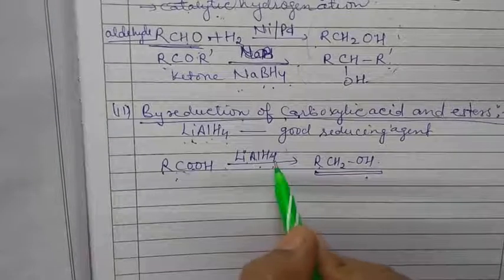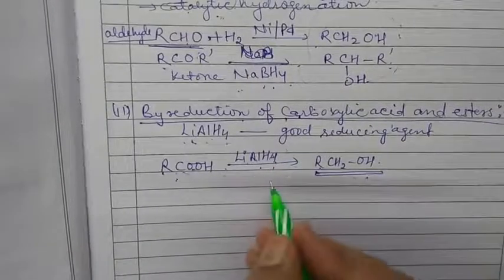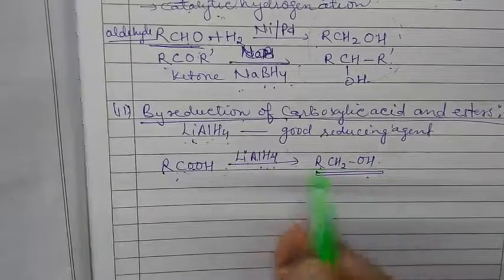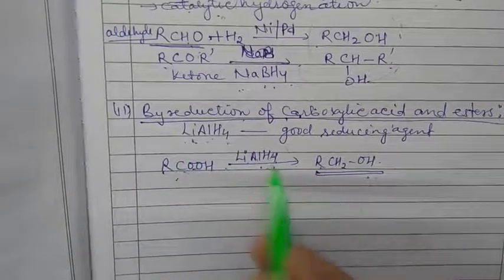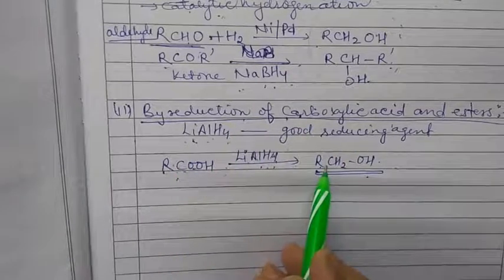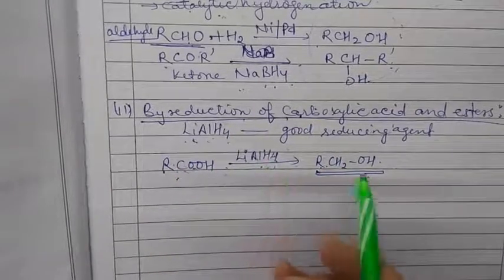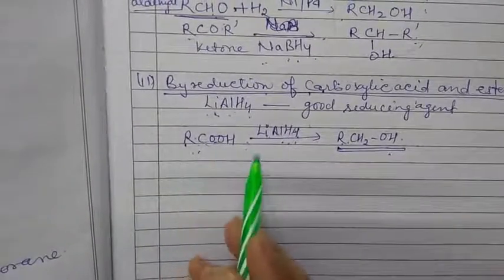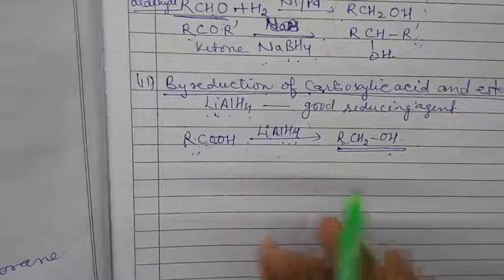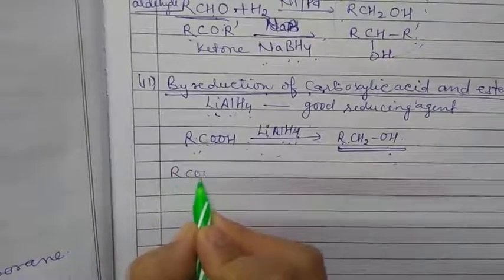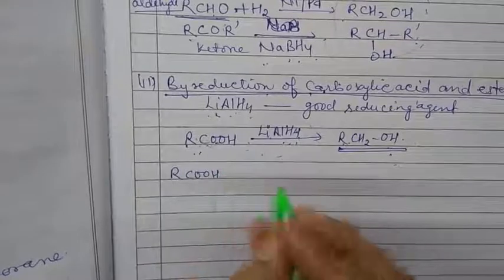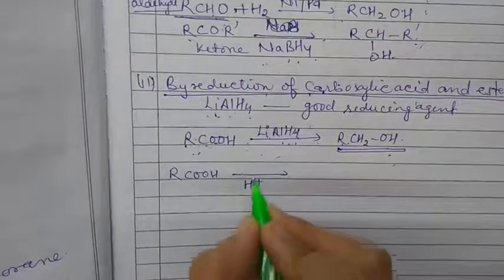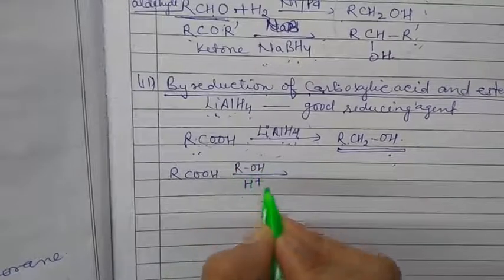Commercially, acids are reduced to alcohol by converting them to ester. Now what happens when the acid is first converted into ester and then ester is converted into alcohol? For example, we have any carboxylic acid. Why do we use acid here?